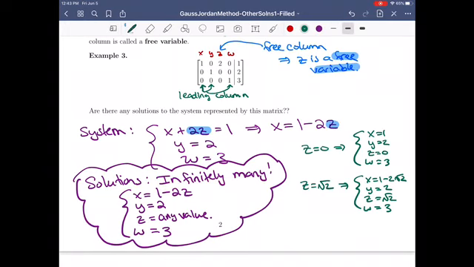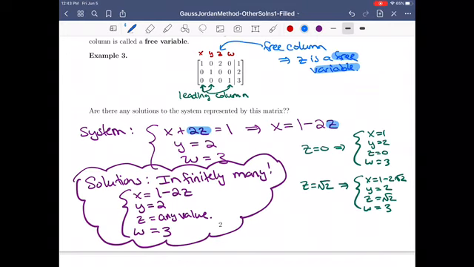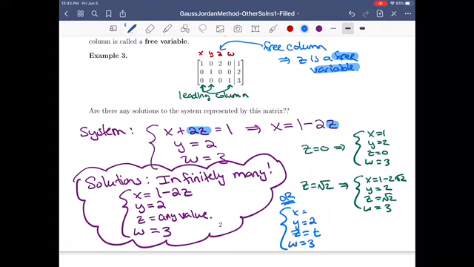Now, some other places also write, so if you look in other places, you might see something like this. They call z a different variable. So z is like t, and then x would be 1 minus 2t, and then they would write for any real number t.